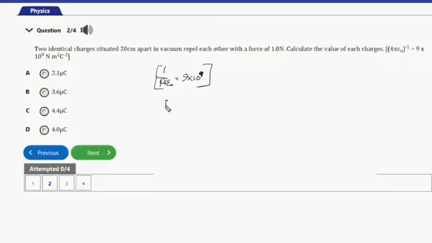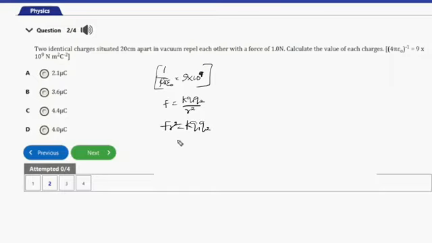Here we have that F is equal to KQ1 Q2 over R squared. So FR squared is equal to KQ1 Q2.